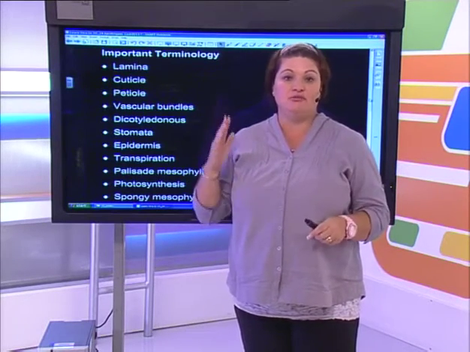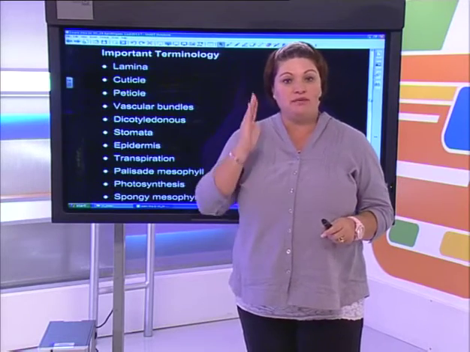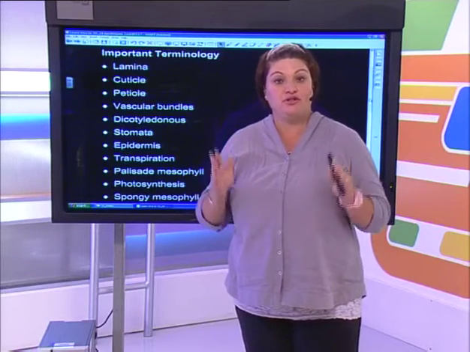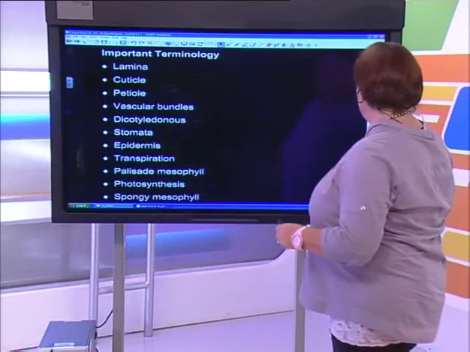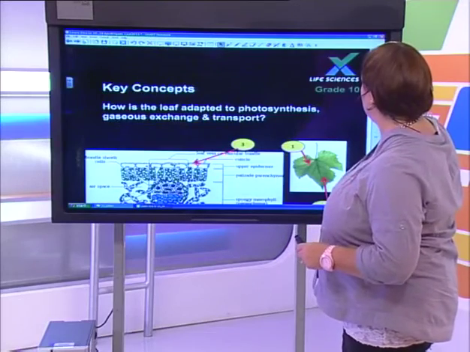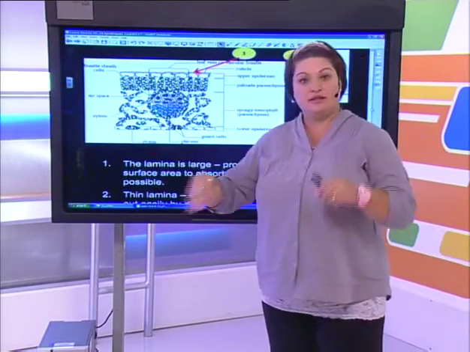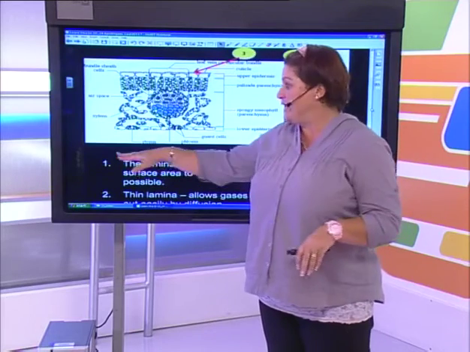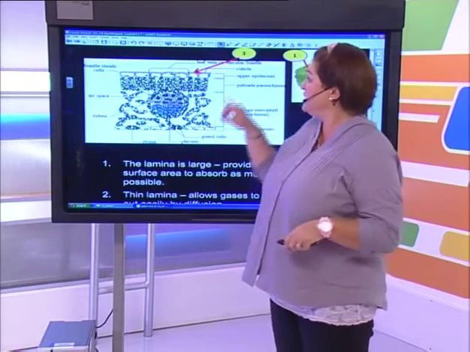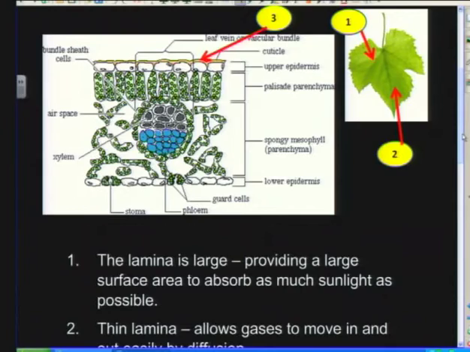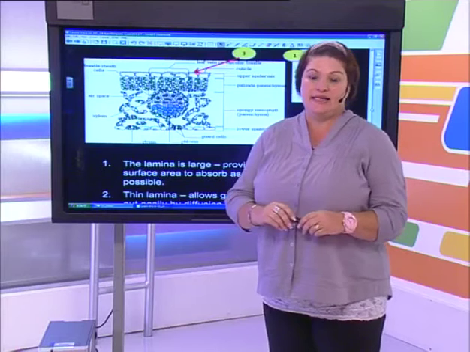And as I said to you, most important, how is the plant adapted to photosynthesis? Let's go through that one more time. What I've tried to do is put a number next to each description, and I've tried to correlate that number with a picture so that you can maybe understand better.